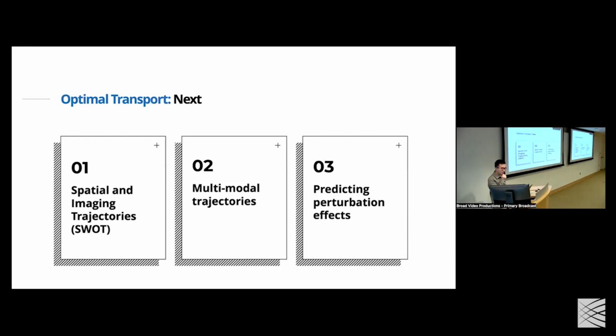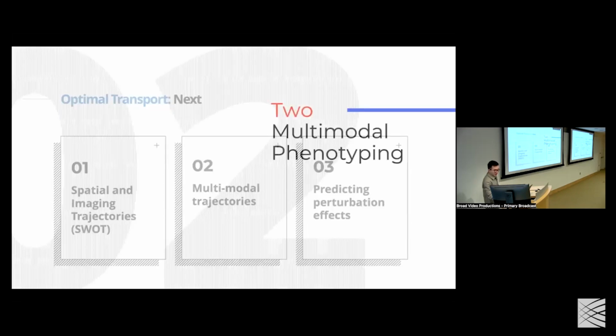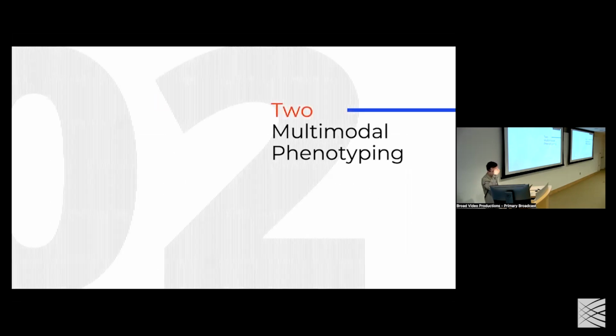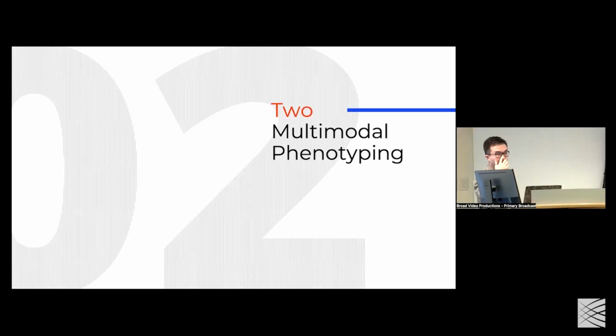We're also working on using optimal transport to integrate different data modalities. And the third, which we just started, is building models to predict drug perturbations from screening. So that's a brief introduction on how we can use single-cell sequencing to reconstruct time information.